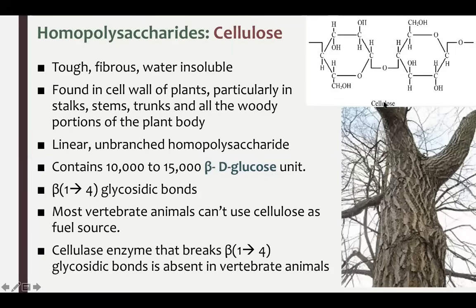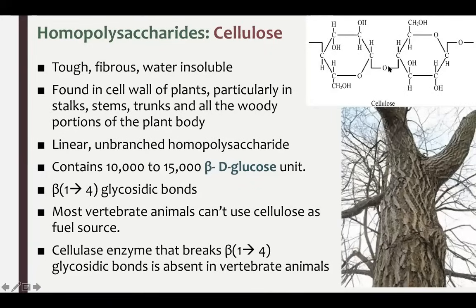Most animals cannot digest cellulose because they do not have the enzyme that can break down this beta glycosidic bond. But animals like cows and goats have the enzyme called cellulase, which can break down this beta glycosidic bond.